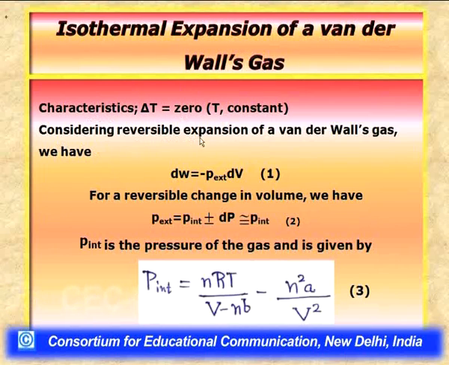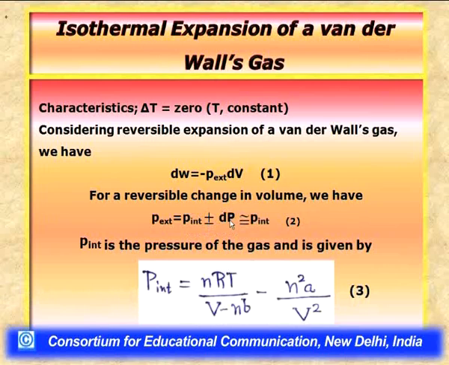Now, if we consider reversible expansion of a van der Waals gas, then dW, the infinitesimal quantity of work involved, is equal to minus P(ext), the external pressure, into dV. If we carry out expansion work under reversible conditions, then the external pressure would differ from the internal pressure only by a very small amount, that is dP.